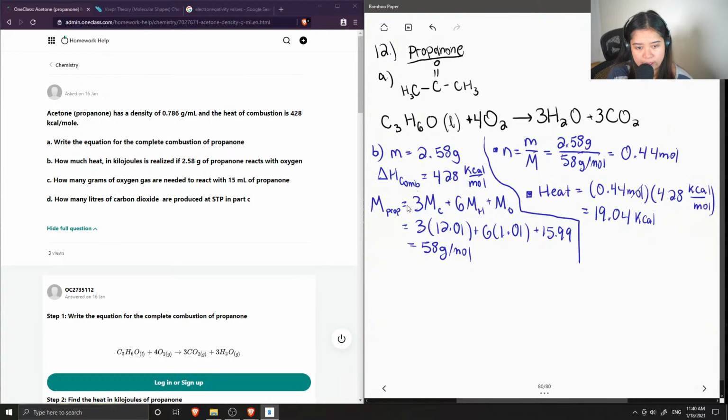So the moles will cancel out. And to convert to kilojoules, we just need to multiply by the conversion factor, which is 4.184 kilojoules per kilocalorie. So now our final answer is 79.66 kilojoules.